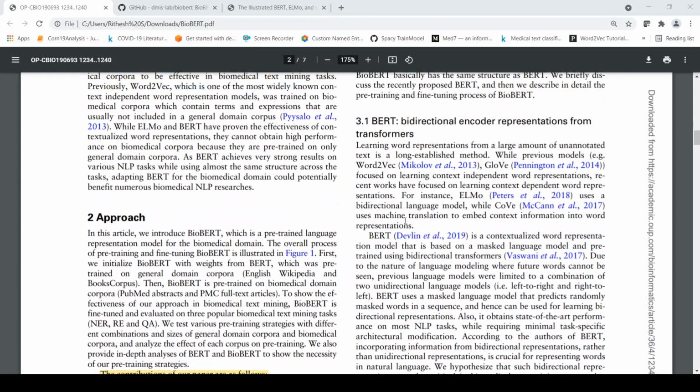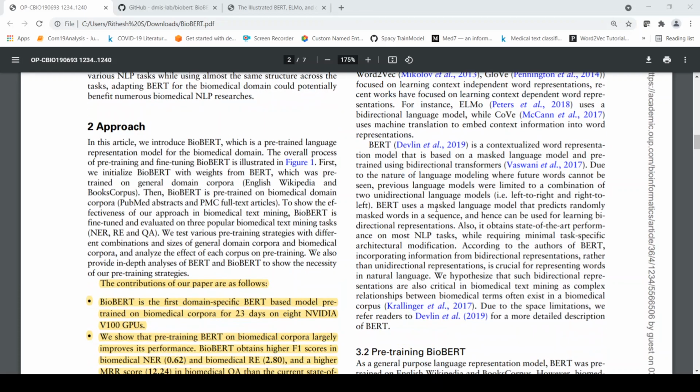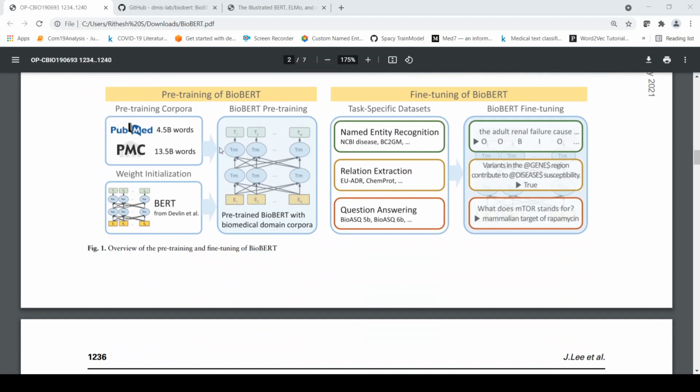Now, you need to have an understanding of BERT. So BERT is a transformer model, Bidirectional Encoder Representations from Transformers, which did very well on a lot of language tasks. So what they have done in this paper is that they have pre-trained BERT again on PubMed abstracts and PubMed Central articles.